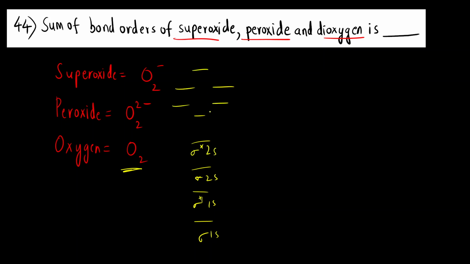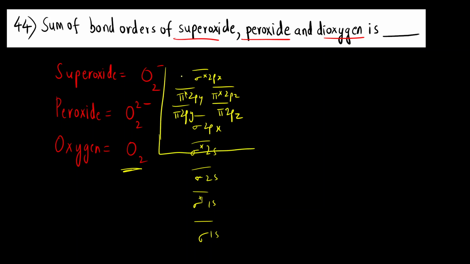Then we have sigma 2px, pi 2py, pi 2pz. This is pi star 2py, pi star 2pz and sigma star 2px. What we are interested in is only these 2p orbitals.